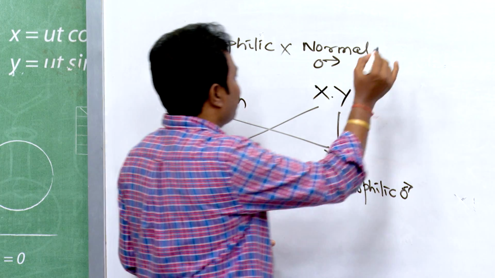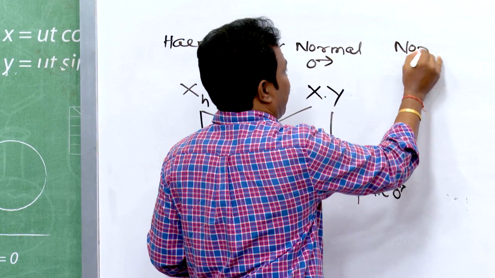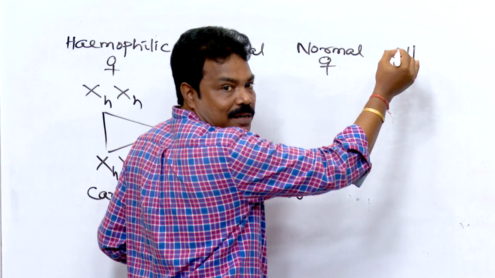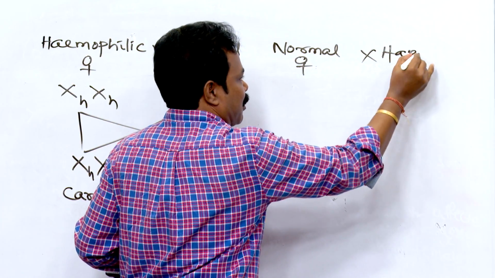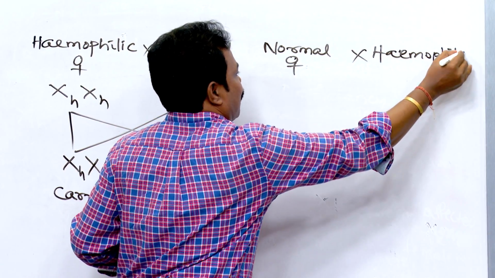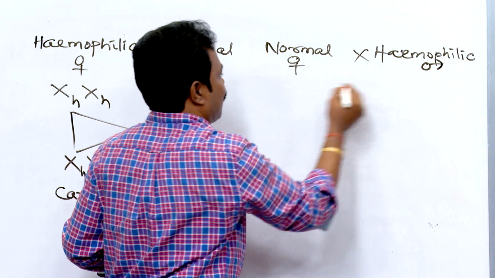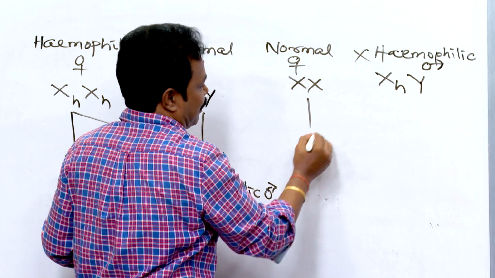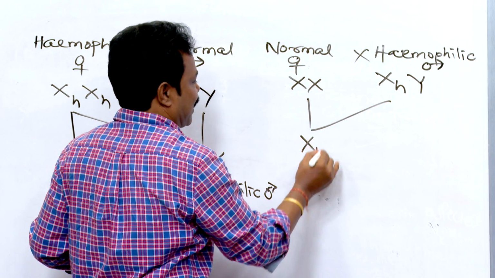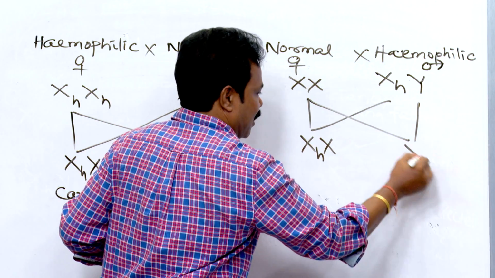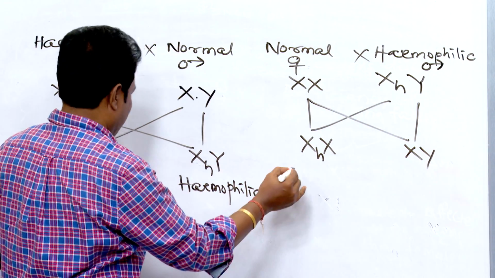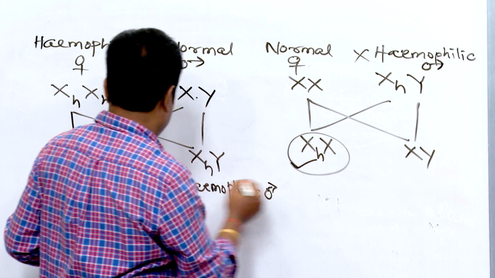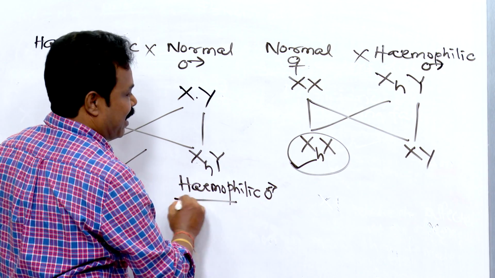Another cross, normal female with hemophilic male. XHXH, XhY. The offspring are XHXh and XHY. Here the females are carriers like in the previous cross. But what about these males?